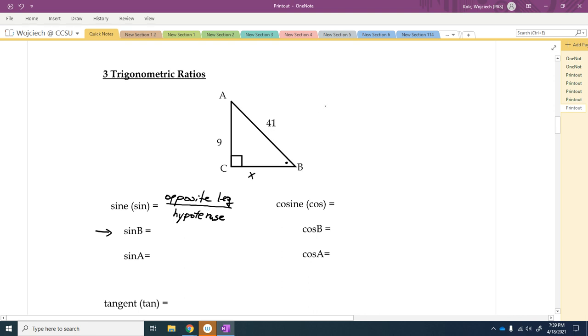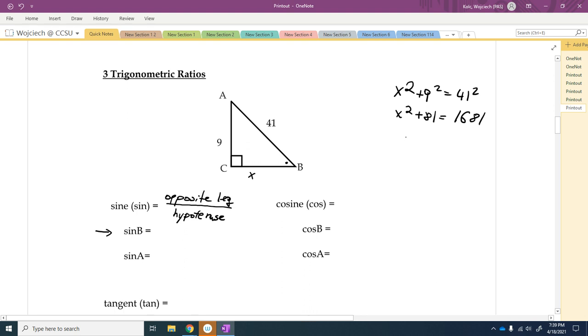Actually, in fact, let's take a minute and find the length of the missing side. If you use x squared plus 9 squared is equal to 41 squared, x squared plus 81 equals 41 times 41. Let me double check it. I made a mistake. 41 times 41 is equal to 1681.